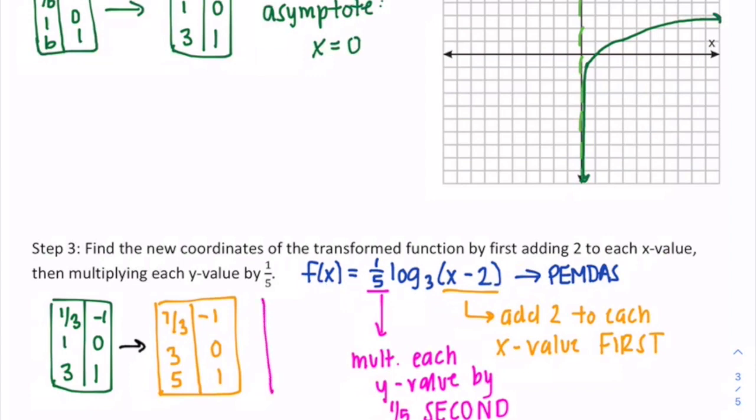So this is our second step in creating our chart for the new transformed function. The new y values that we're going to have are -1/5, 0, and +1/5.